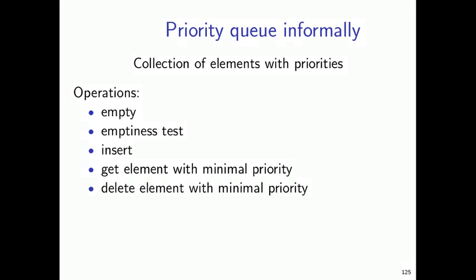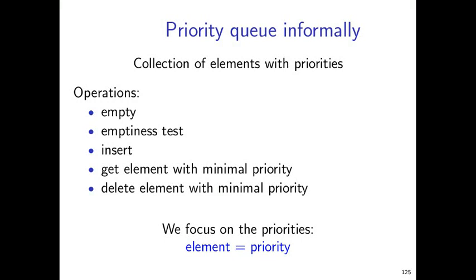We also want to remove it. So we can either have one operation that retrieves the minimal element and the priority queue with the element removed, or we can split it into two operations. Get the minimum element and remove it. The split into two is a bit easier to handle because we don't return a tuple, but that's it.